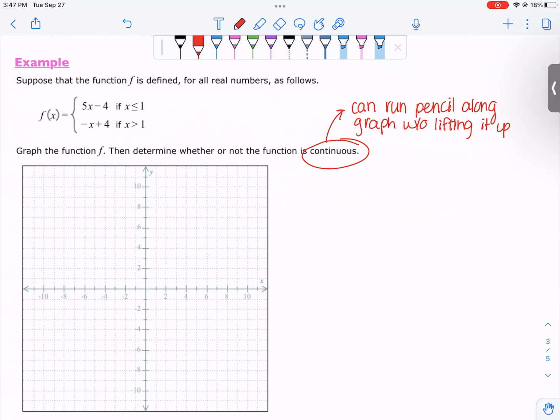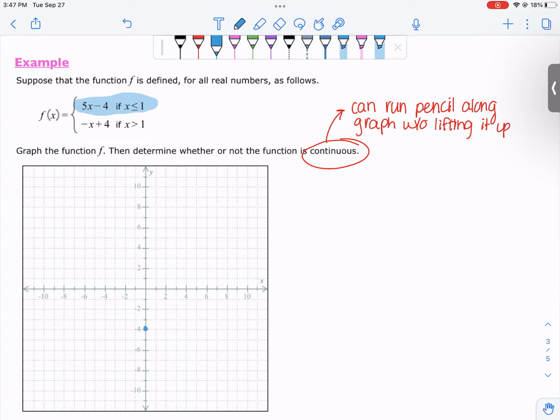Now, let's graph the line 5x minus 4 if x is less than or equal to 1. I can graph this line without that restriction quickly, just because.